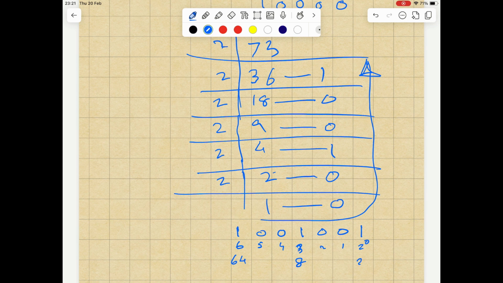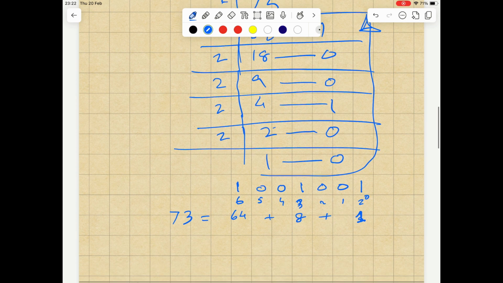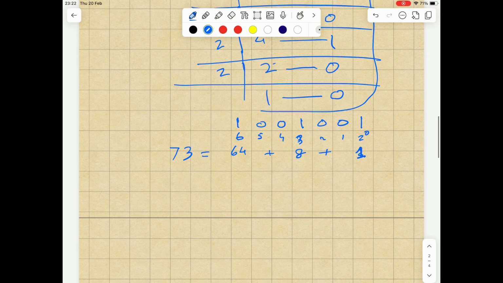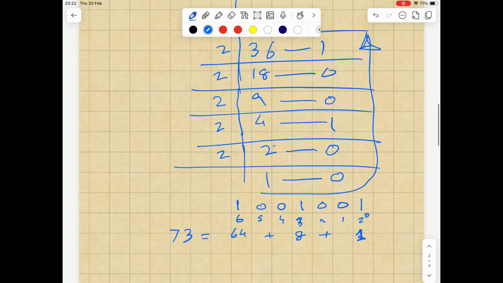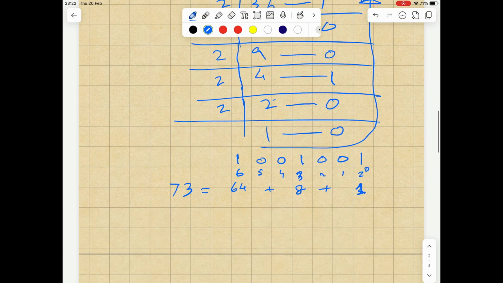And this is 2 to the power 0, which is 1. So when we add them together, the answer is 73. Okay, that's how we convert from decimal to binary.